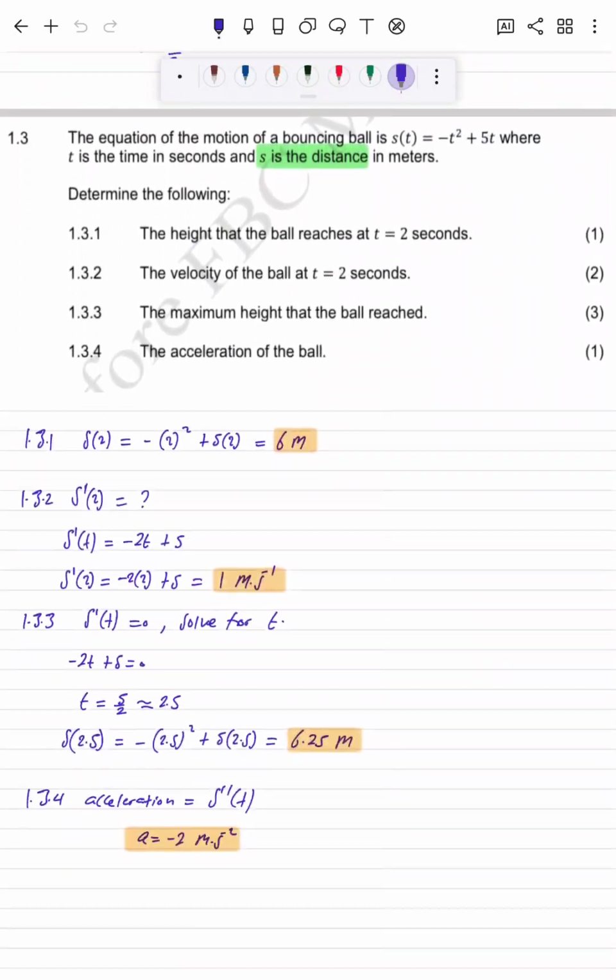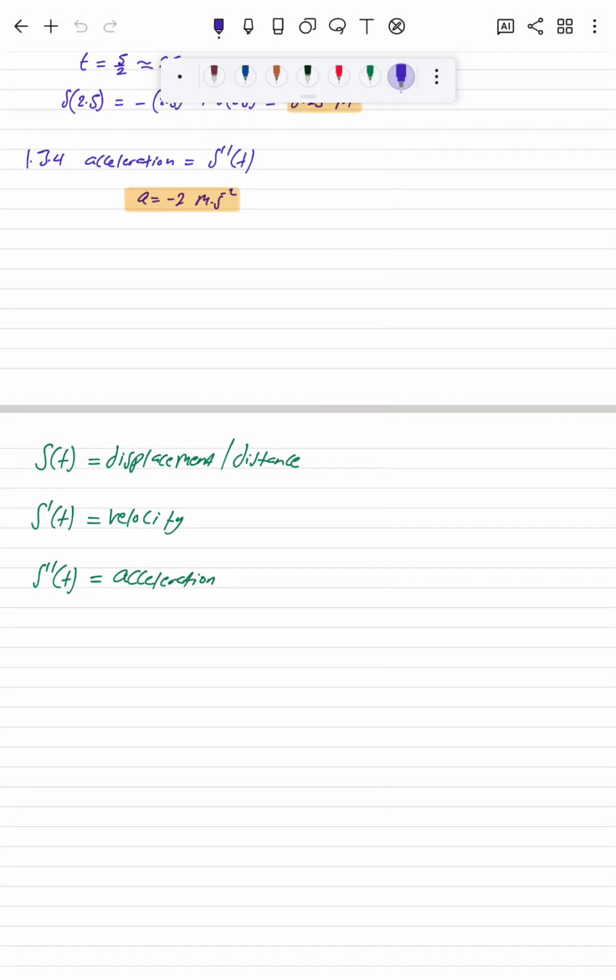Remember, for the scientific problems, when you are given the displacement or the distance, or the equation that calculates the length covered by an object, when you take the derivative of that, you get the velocity, and when you take the second derivative, you get the acceleration. All of these things put together formulate what we call differentiation in NCV level 4. Let's state exactly what that is.